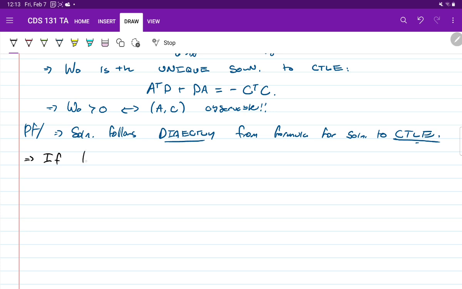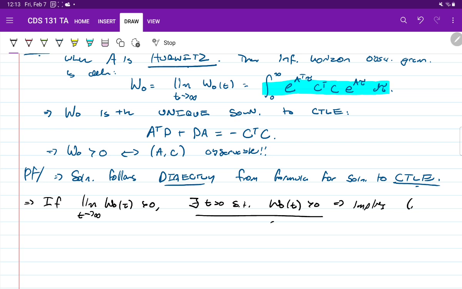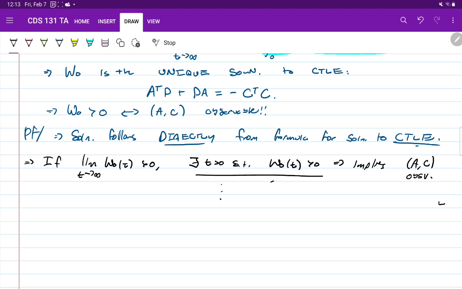Well, if the limit as t goes to infinity of W_O(t) is positive definite, then there exists a t greater than 0 such that W_O(t) is positive definite. And this from above implies (A, C) is observable. Going in the other direction, you can make a similar argument. Great.